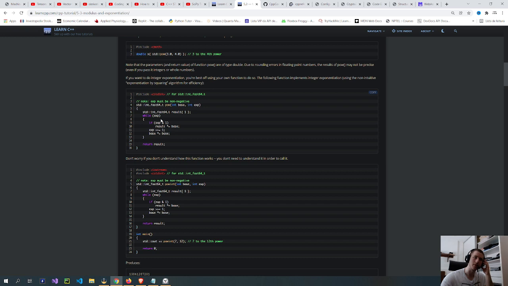So here it declares an int result of 1. And while the exponent, which is the number we pass for the exponent, if it's 1, result is the base, because the result is 1 times the base, which is the base. And then the exponent gets updated. I don't understand this part here.